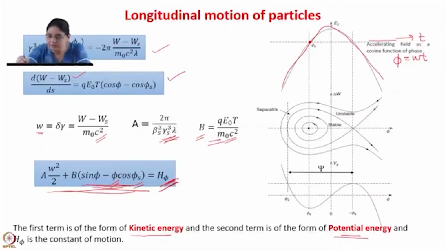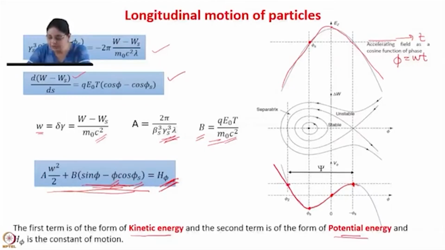If we plot it here, we see that the potential at phi equal to 0 is 0. There is a minima for phi equal to phi s and a maxima for phi equal to minus phi s. If we plot this curve, it will come out to be of this form, and we see that there is stable motion between minus phi s and some value phi 2 because a potential well is formed here.